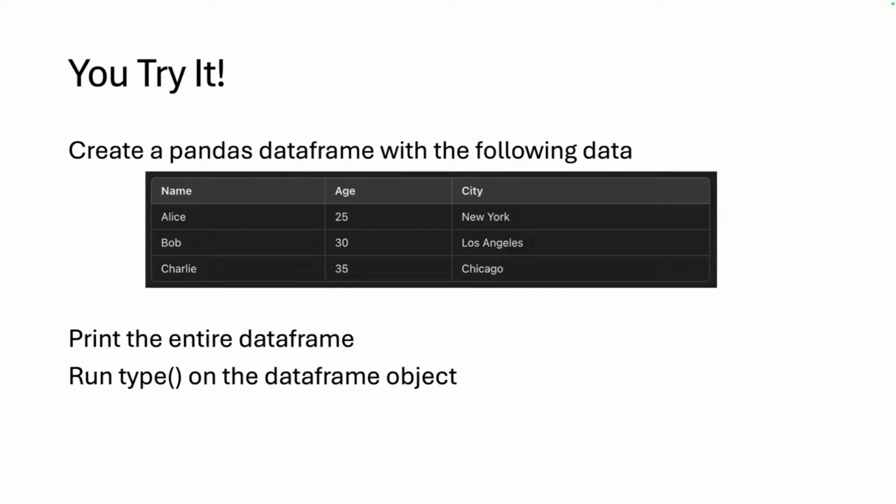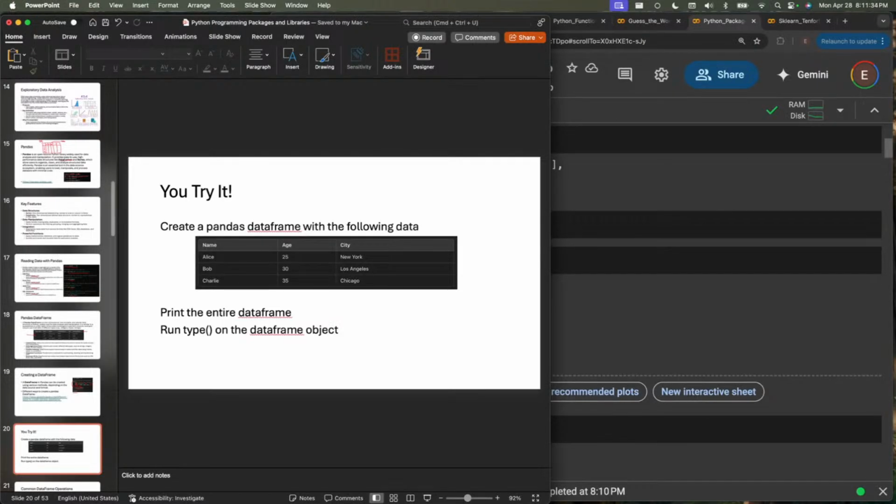You can use the dictionary example, build a dictionary that has this data, pass it to the pandas data frame, but print the entire data frame, and then I want you to run type on that object. So let's spend 5 minutes on that. And I'm just going to put the banner up, and then I'll make that big again.